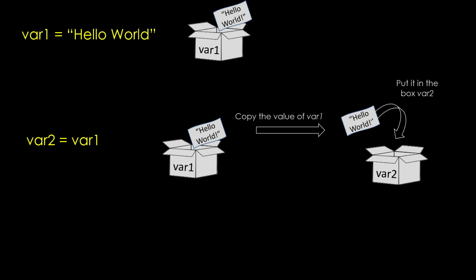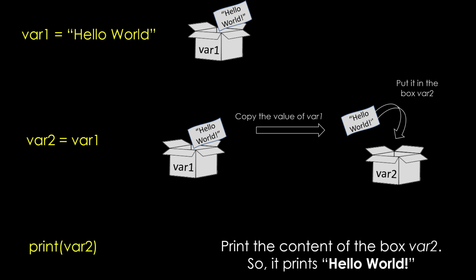Did you just understand? Now we have two hello world texts, one in each box. In the next line, we print var2. This does not mean printing the name of the variable var2. Rather, to print the content of the box var2. So, it will print hello world.